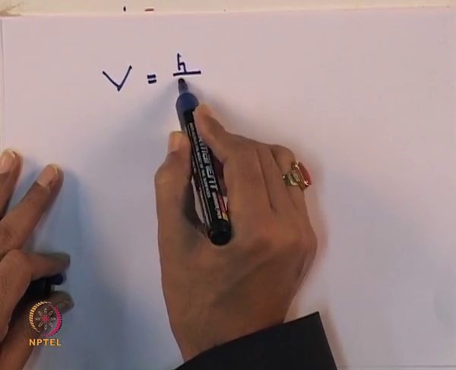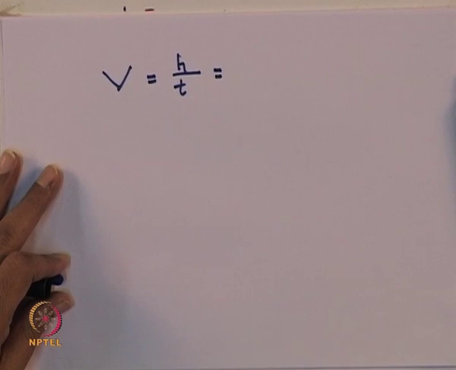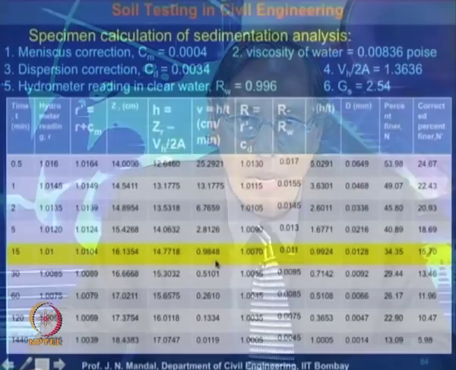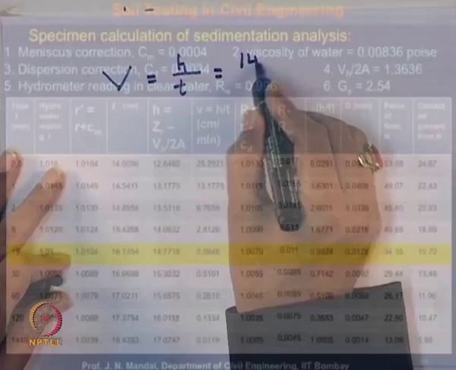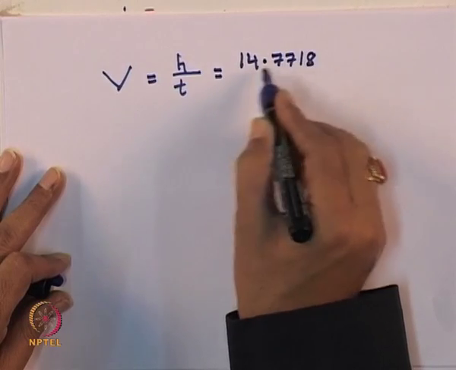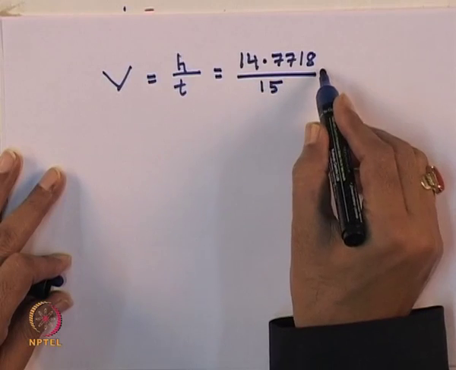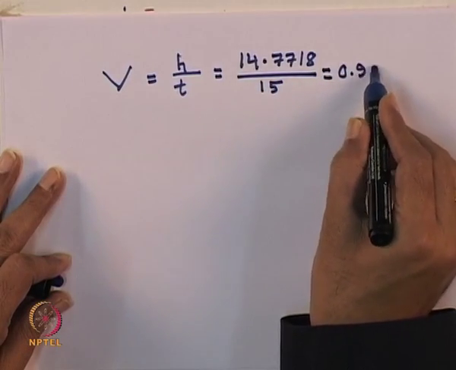So V can be calculated, that is H by T. We know H and we know the time, so you can calculate V. H is 14.7718, divided by 15 minutes time, so this will be about 0.9847.